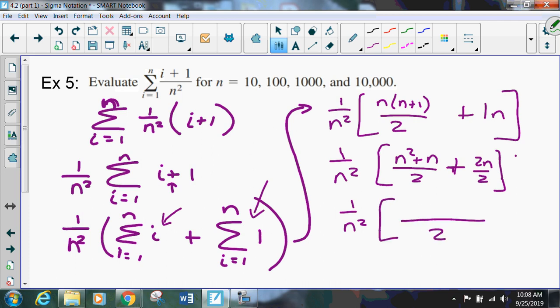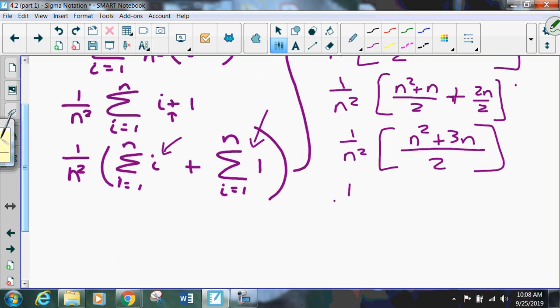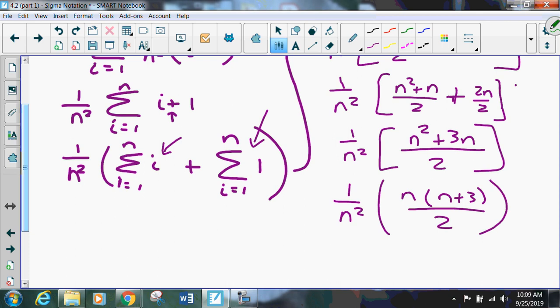So I've got my n squared plus n plus 2n, so it gives me n squared plus 3n. And now I see that I can factor the n out. I've still got my constant pulled out, but I can factor the n out of the numerator. And when I do that, I can see that that will cancel out with one of these n's. And so what do I have left? I have n plus 3 over 2n.